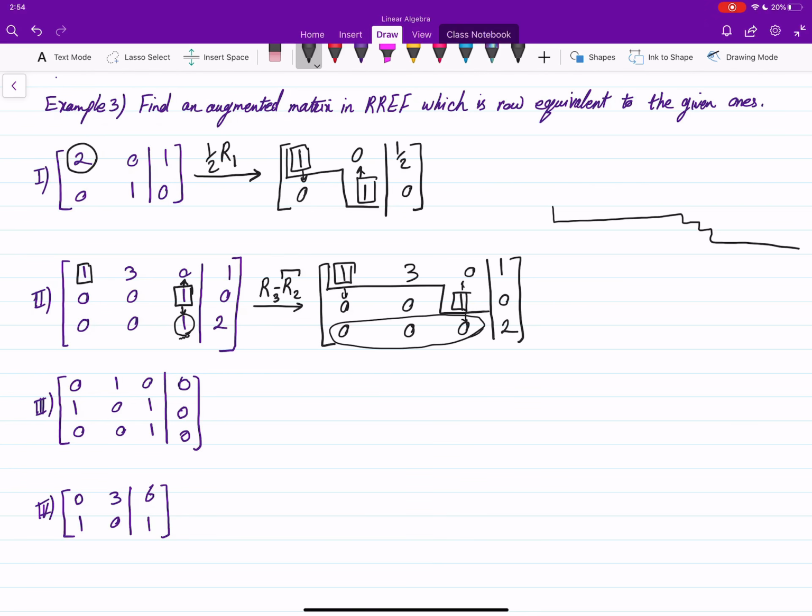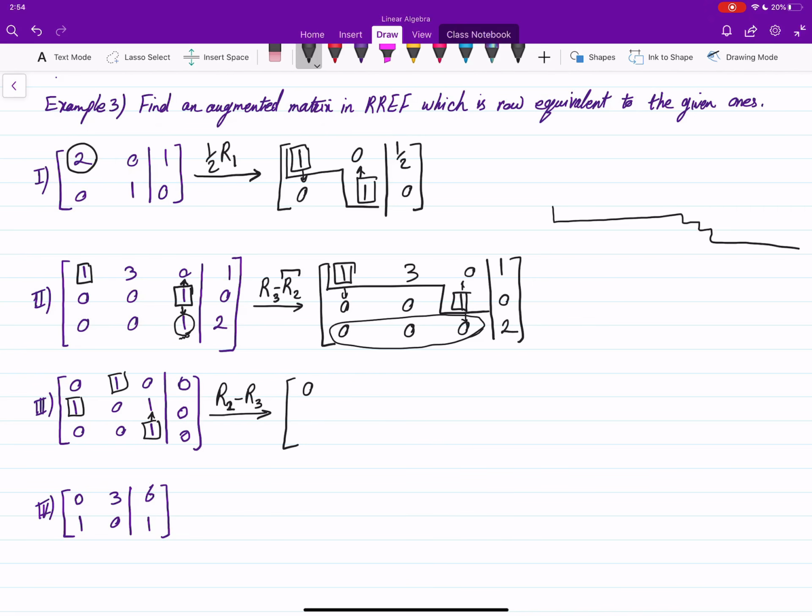How about this one? First you see that these are leading 1s, and this is kind of a leading 1 for the third one, but we have to make sure that the entry above it is 0. To make that 0, we can subtract row 3 from row 2.